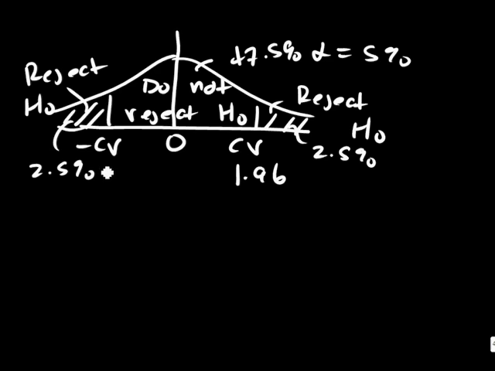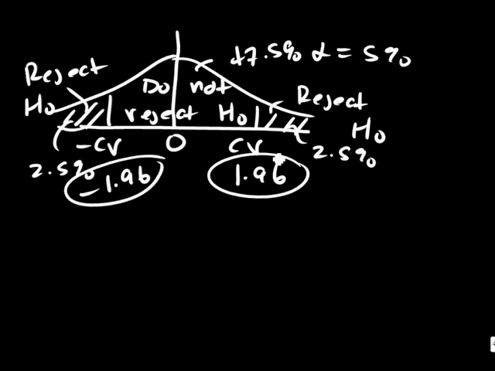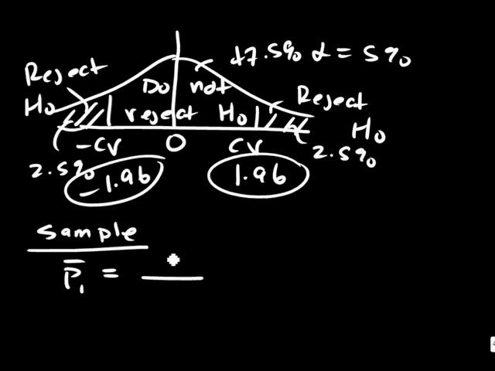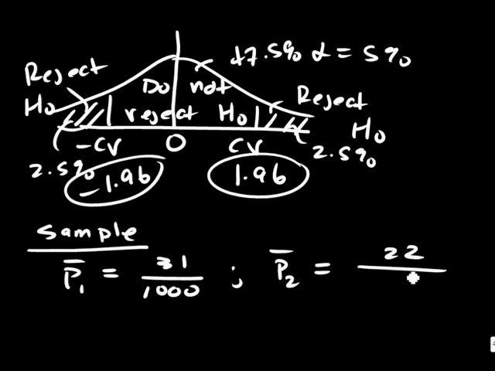We now have our sample information. Sample information says for population 1, the sample proportion was 31 out of 1,000, while the sample proportion for the second group was 22 out of 1,200. Let's see what this gives us.